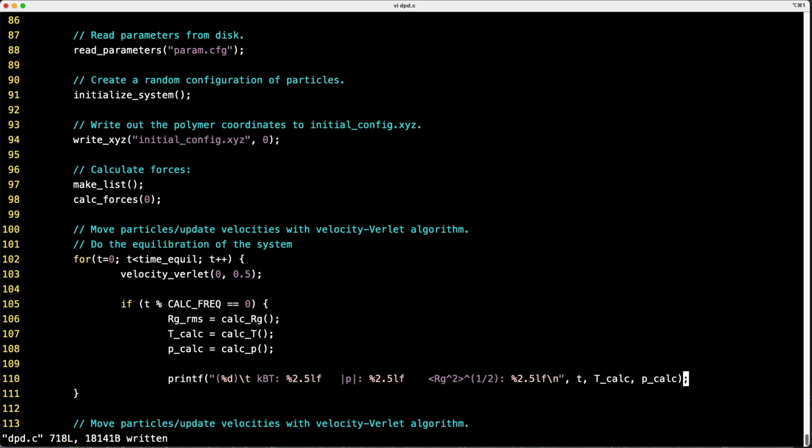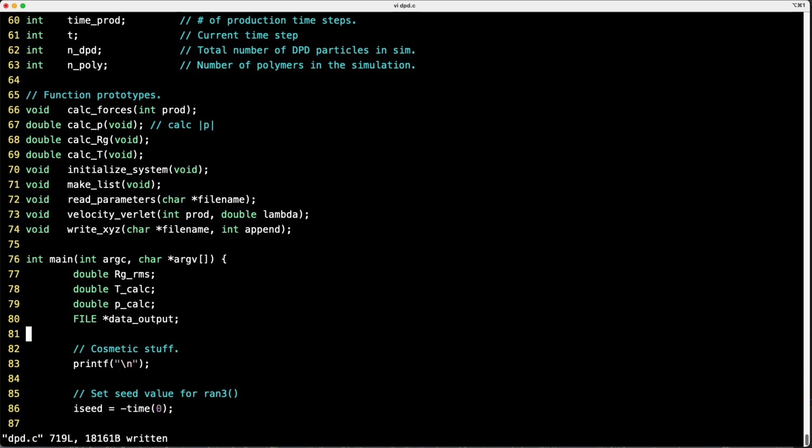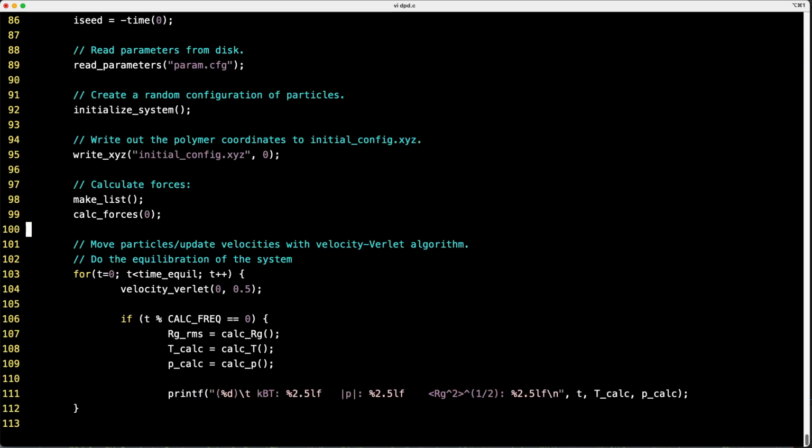And to be honest, I usually like to keep track of these in a file just so I can go back afterwards and make sure everything's okay. So let's put a file in here. Let's call it data output. And so we might as well output those to disk. And so let's say that data output equals, let's open temperature.dat.